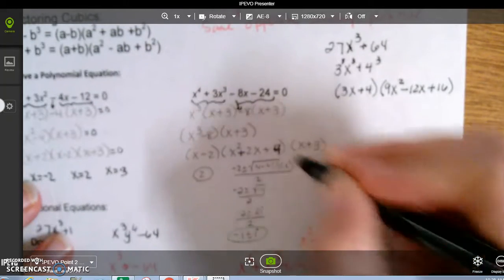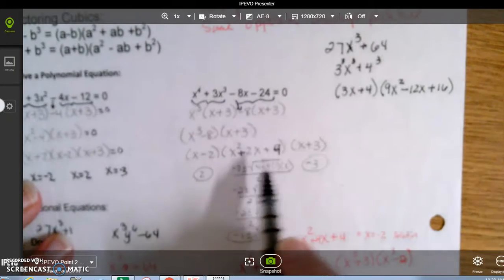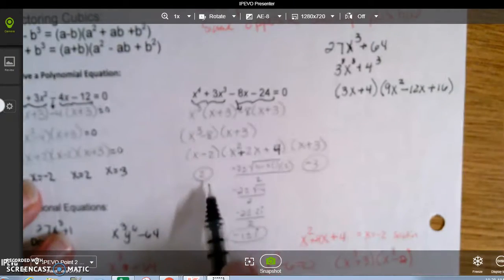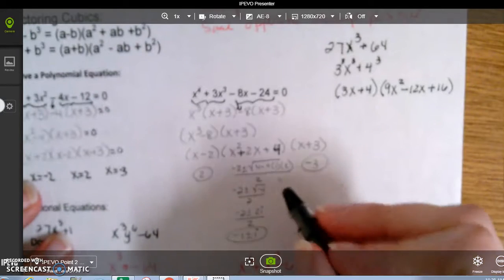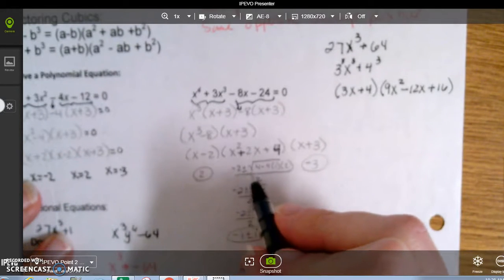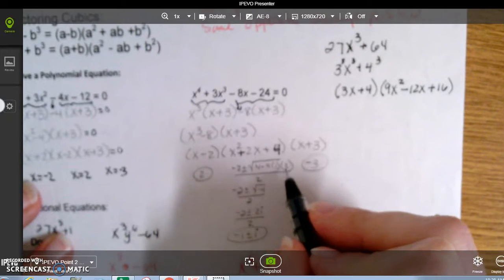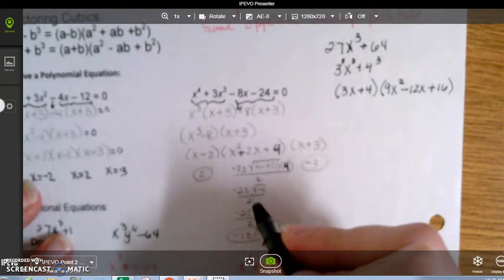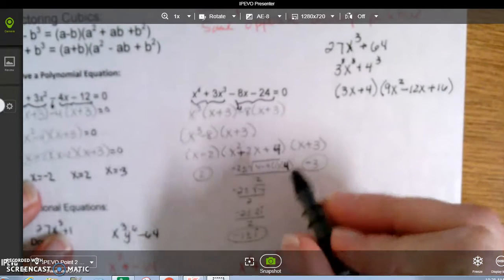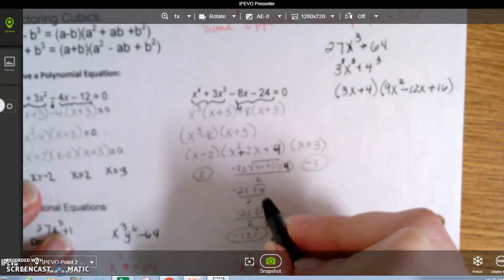And so then I can solve each part of the problem. So this becomes 2, this becomes negative 3, and then I have to do the quadratic formula, b squared minus 4 times a times c. So this is going to be 4 minus 16, which is negative 12.